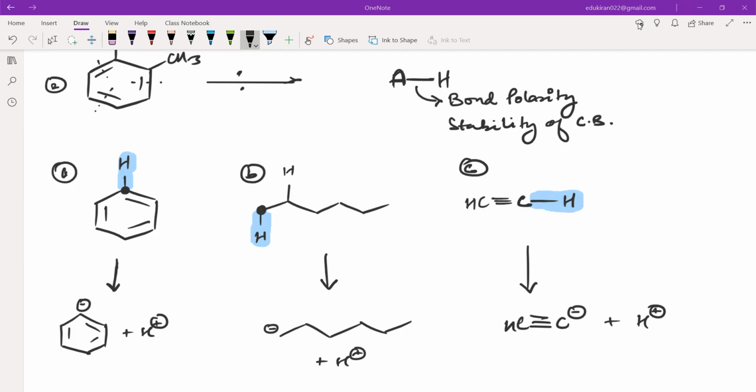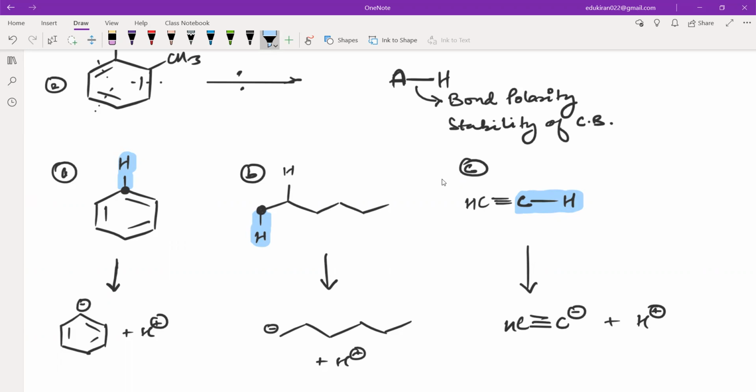Sir, I didn't understand. The carbons which are bonded to hydrogen, what do you think? The carbons that are bonded to hydrogen here, are they the same or are they different? Different. Okay, so what parameter do you think?